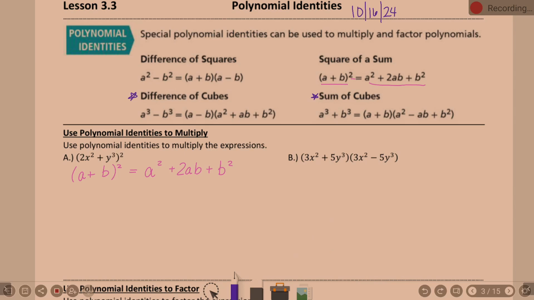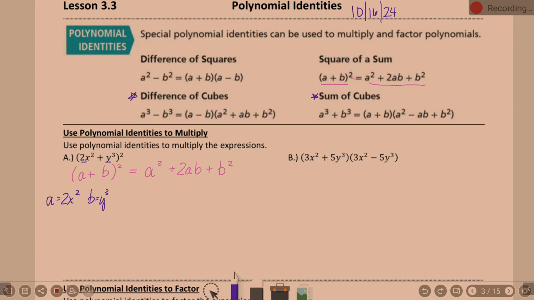Not just 2. It's the whole thing. It's this whole little term right there. And so in the position of a is 2x squared. What's in the position of b? y cubed. Okay, it's that whole piece right there.